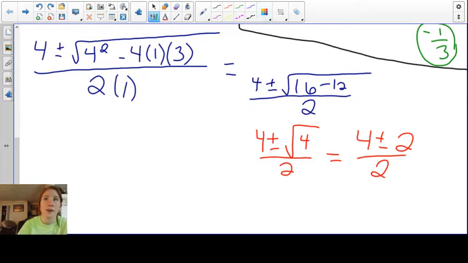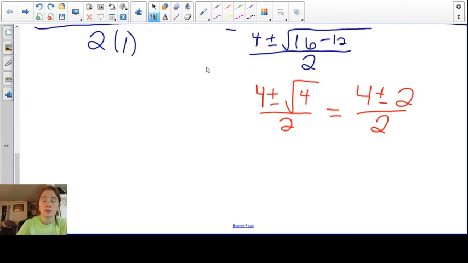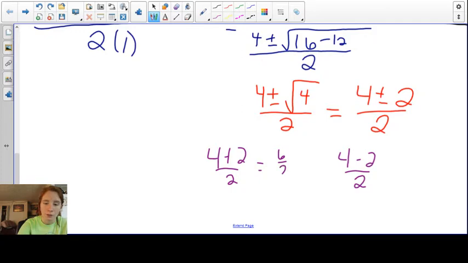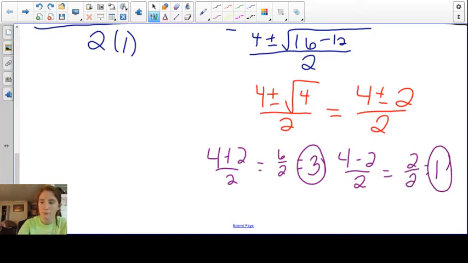So that means I have 4 plus 2 divided by 2, and I have 4 minus 2 divided by 2. So it gives me 6 over 2, which is 3. And this gives me 2 over 2, which is 1. So my answer is 3 and 1.